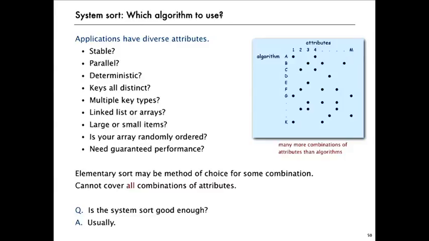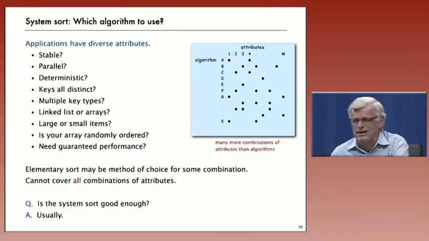But there are way more possible combinations of attributes than there are algorithms. So there are going to be situations that require an understanding of what it takes to engineer a sort method that's appropriate for your application. There can't be a system sort out there that's going to cover all possible combinations of attributes.